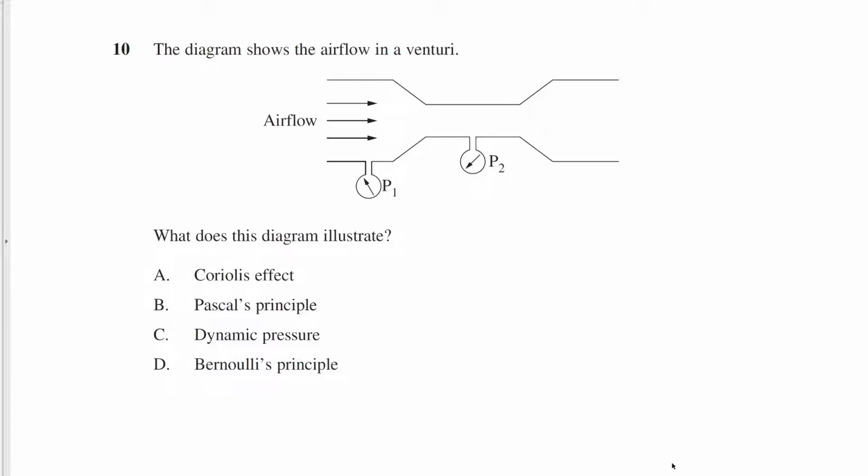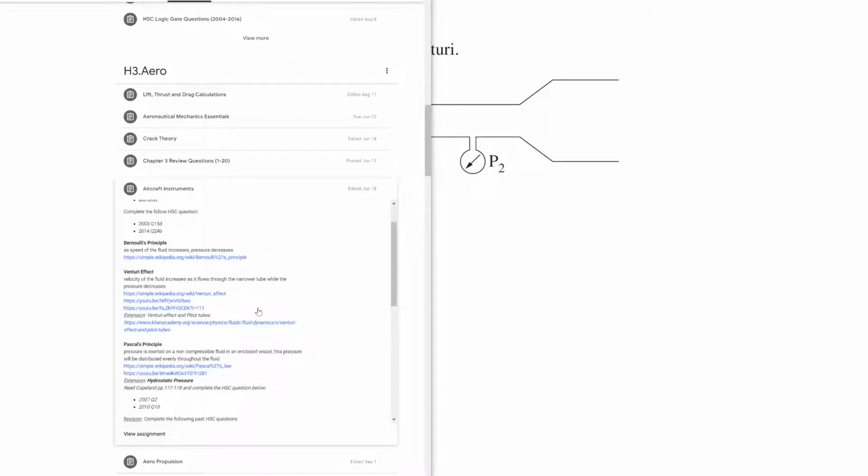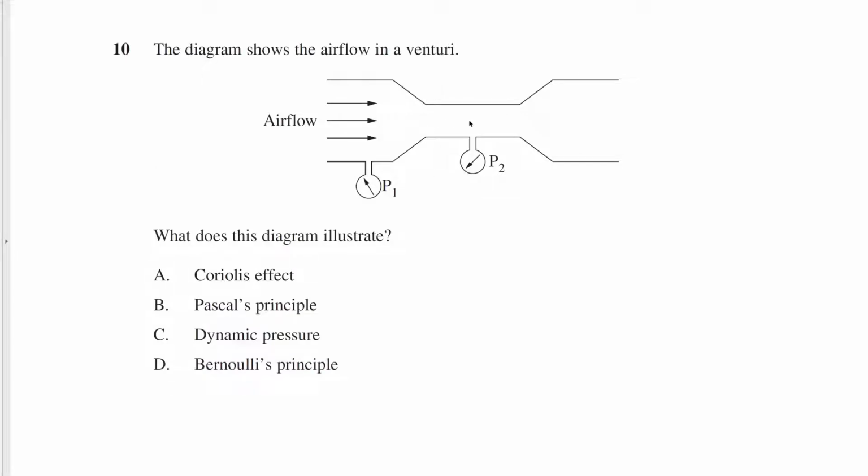But what we can see here is that as diameter decreases, our speed should go up. The thing people are familiar with is if you have a hose and you cover up half of the hose, the water shoots out further. Whereas what we're looking at is as the speed of the fluid increases, pressure decreases. Because it's going to go faster, the pressure will go down, and that is Bernoulli's principle.